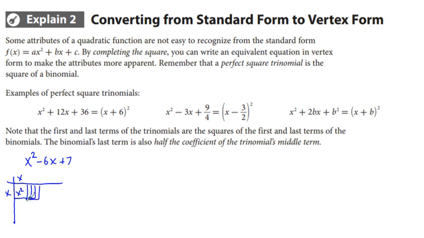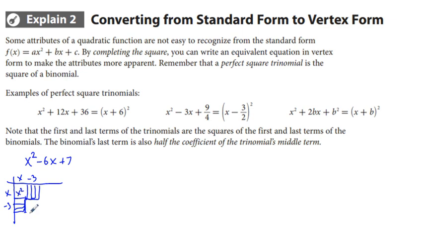So we have that on one side here. Okay, so we have that. So we're going to have minus 3 here, minus 3 here, and these are going to be 3 x's.